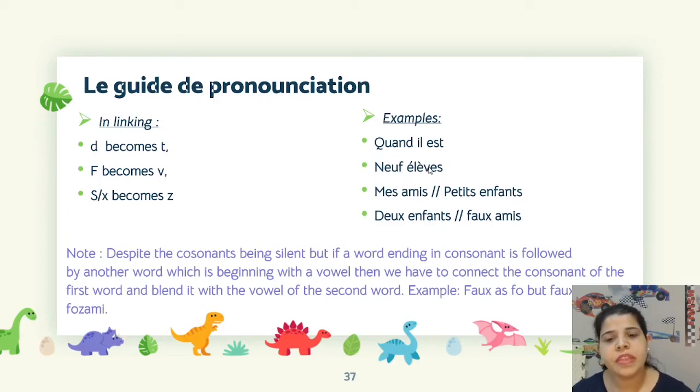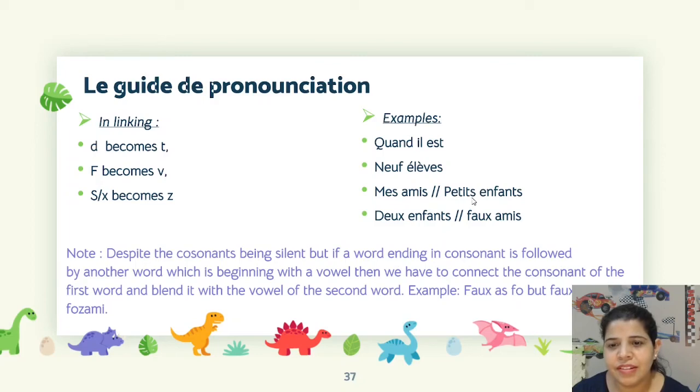Same in the case of S, which we just looked at in the previous slide. Mes amis. S becomes Z when it is between two vowels. Petits enfants. This S again is connected.